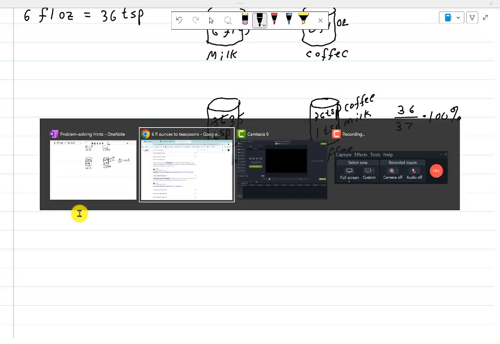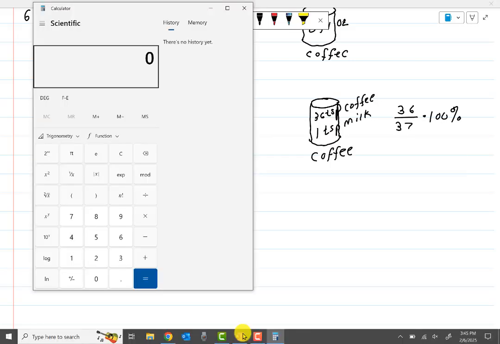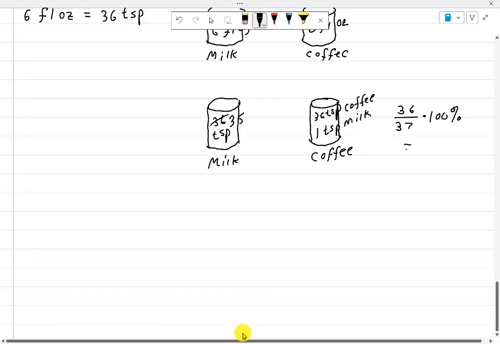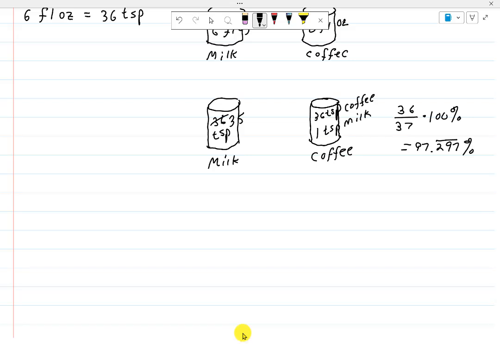So let me pull up my calculator. So I'll do 36 divided by 37 equals, I'm going to multiply that by 100. So I get 97.297. Oh, 297 repeats. So 97.297, and that goes on and on. Okay, so we have 97.297 repeating, and that's the percentage of coffee.